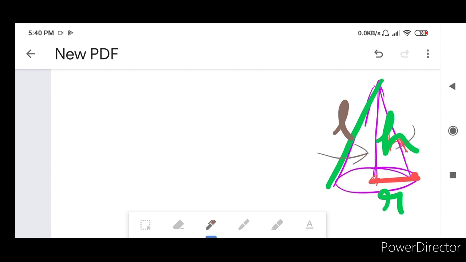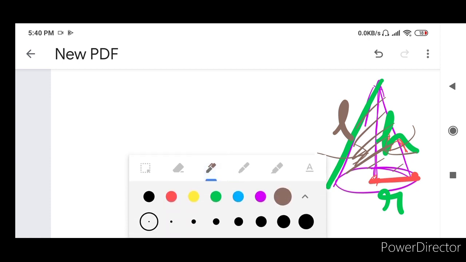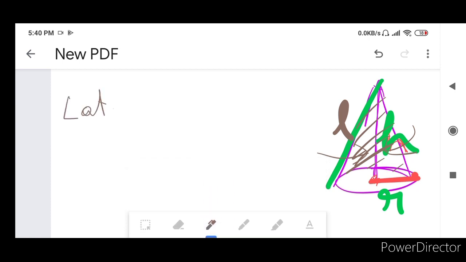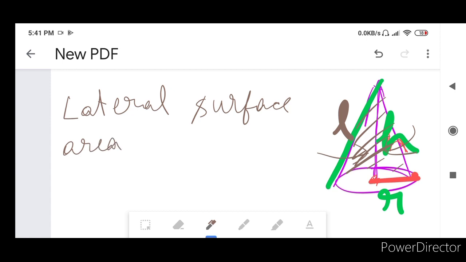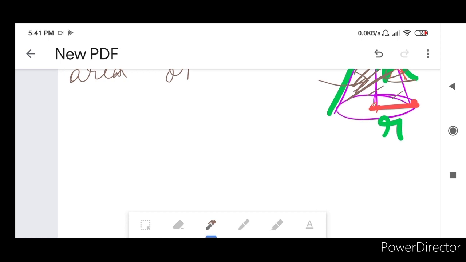It will have some surface. So this surface is known as either the lateral surface area, or we will call this the curved surface area. Curved surface area of what? Cone. Lateral surface area of what? Cone.